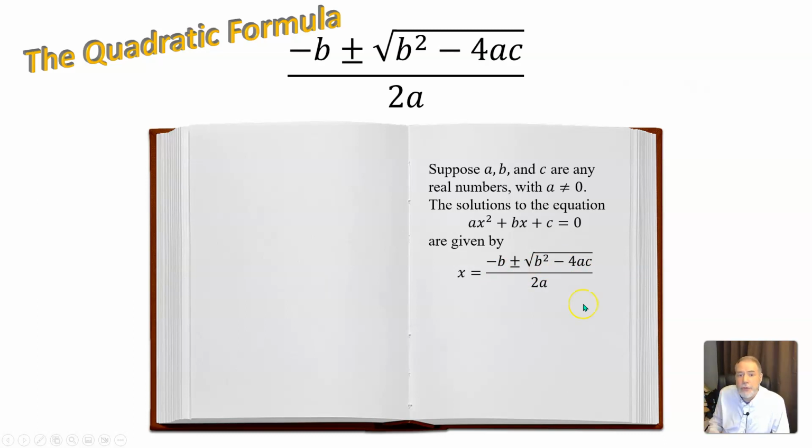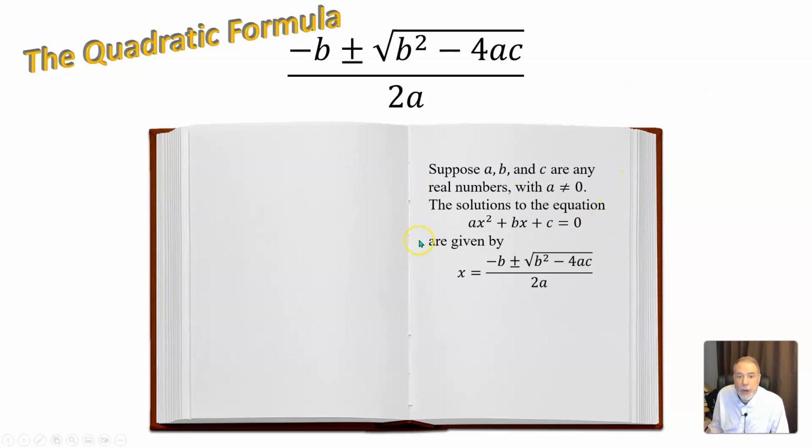So there it gives you some context for that formula. It tells you that that gives you solutions to an equation of that form. So you use that formula when you have an equation that's set up that way that you want to find solutions to. And the a and the b and the c are numbers.